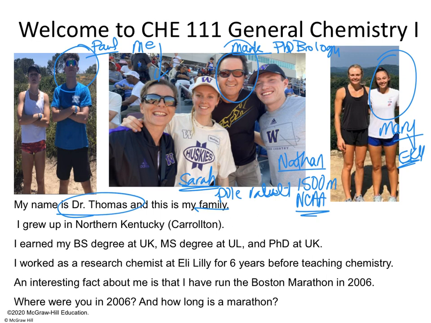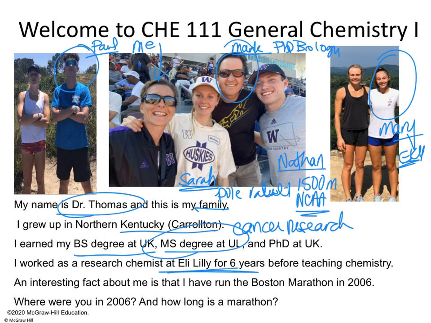So that's my family. I grew up in northern Kentucky. If anybody knows Carrollton or Carroll County. I got a bachelor's degree at UK. And then I actually wanted to do cancer research. So I ended up getting a master's degree in organic chemistry at the University of Louisville, after which I worked at Eli Lilly for 6 years. But then when Sarah was born, I switched over to teaching.